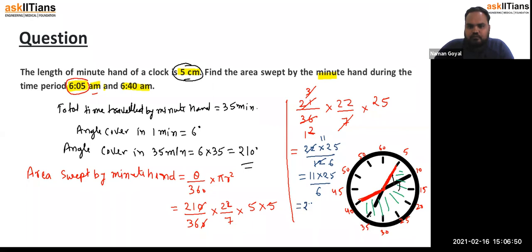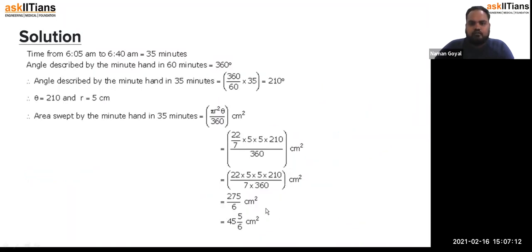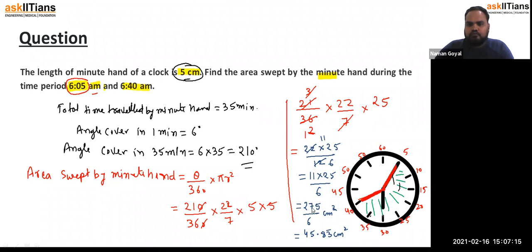So the answer is 275 divided by 6 centimeter square. When you divide this by 6, you get 45.83 centimeter square. So we get 275 upon 6.